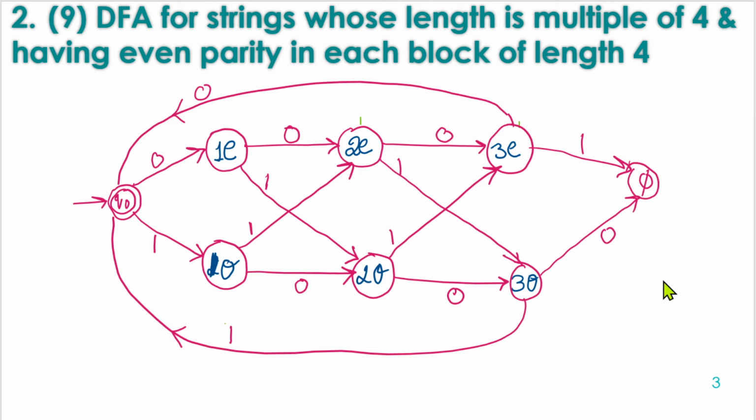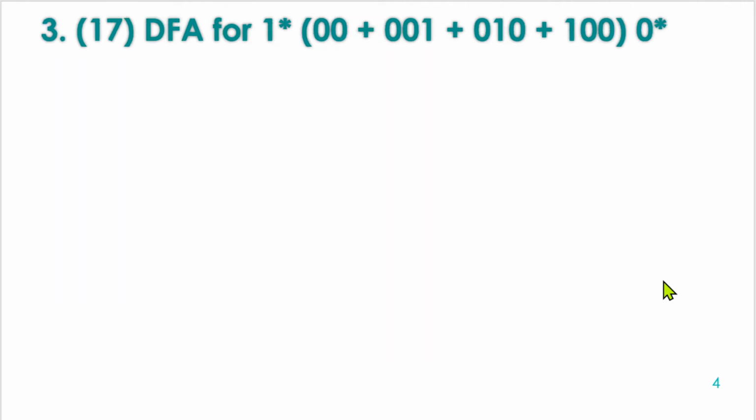So this is the question for this type of pattern. You can receive this type of question in various ways, but the approach is the same. Just keep track of every length and the symbol received at every length, and the question will be done easily.